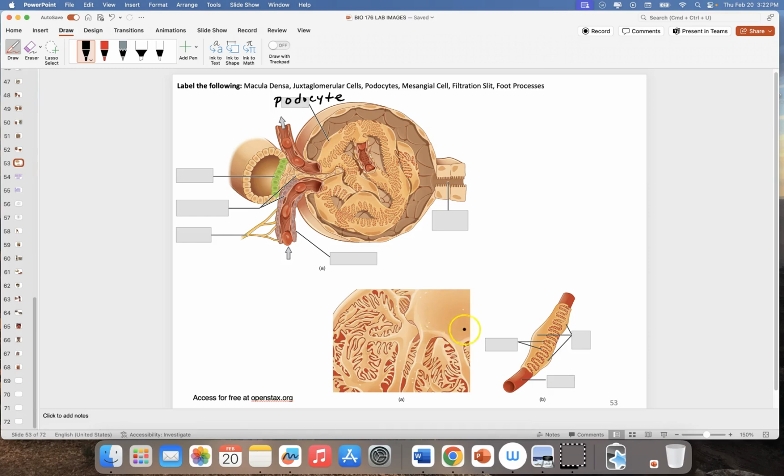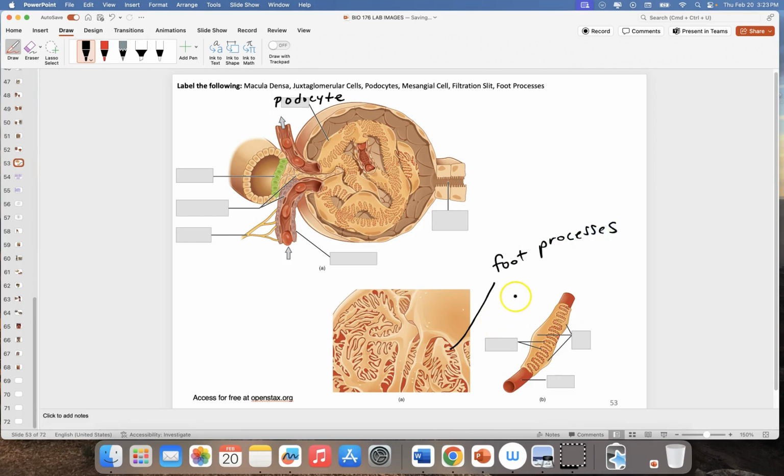What we're seeing here is one of those podocytes. We can see as it expands out, there are these little extensions, these little feet, and they are known as foot processes, or sometimes they're called pedicels.